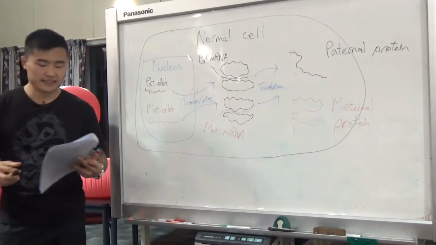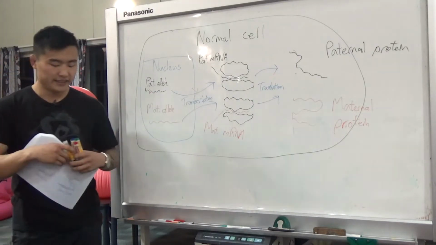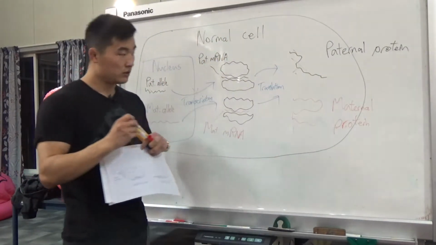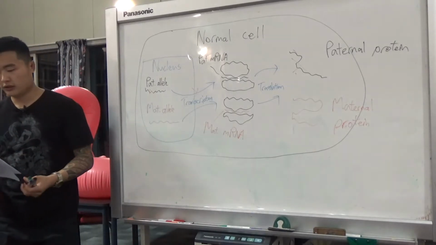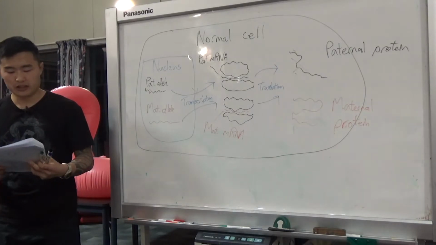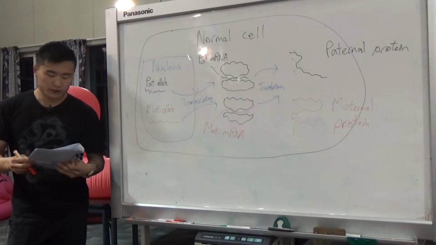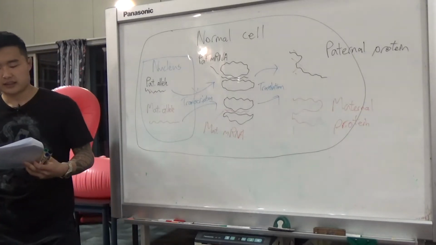And it means that there's only now half the amount of functional protein inside the cell. And so if the amount of this protein was not enough for normal functioning, then you will get the disease occurring, okay?